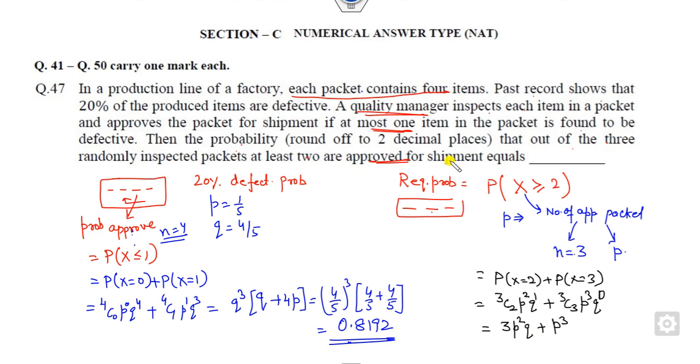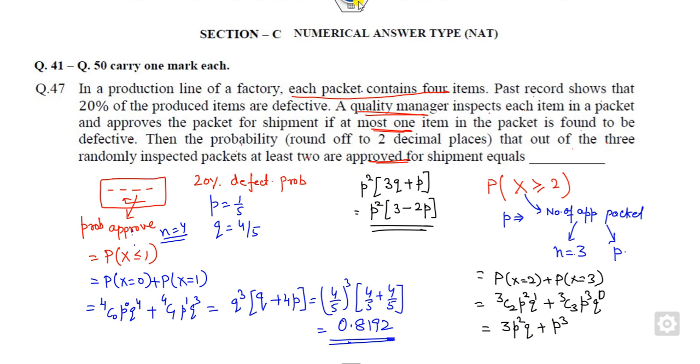You can simply take p square as common to make the calculation much easier. So 3q plus p. I can write all terms in terms of p, so this is 3 minus 2p, where p is 0.8192.